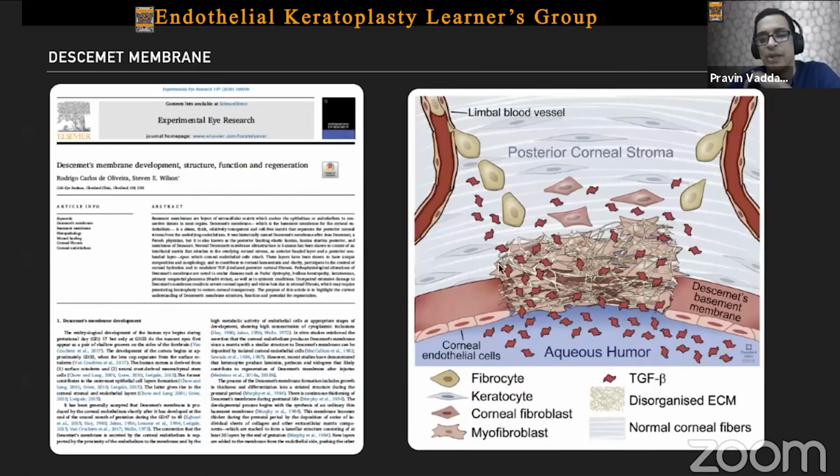Because of this, you tend to have more scarring or more deposition of extracellular matrix in the posterior part of the cornea that is denuded of Descemet's membrane. For this reason, he says it's very important to preserve as much Descemet's membrane as possible, because regeneration of Descemet's membrane is not easy and does take quite some time.